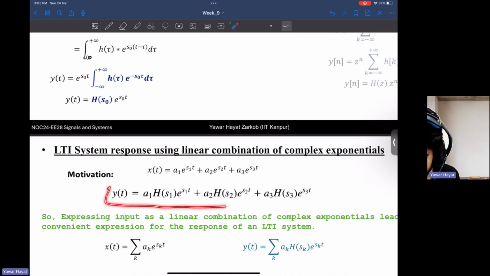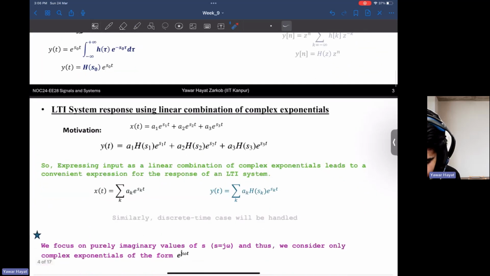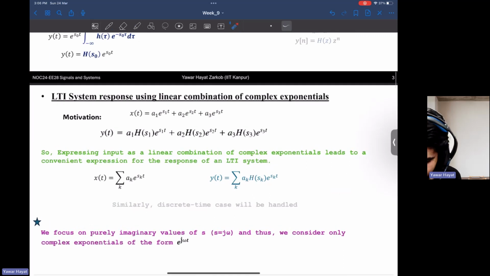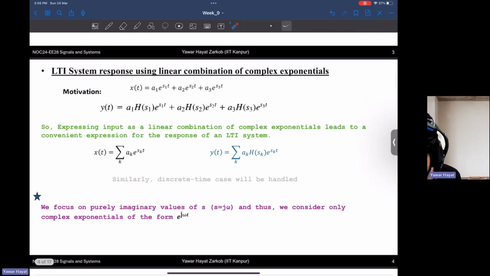The output would be simply the addition of these three, where a1 H of s1 e to the power s1 t was the output corresponding to the first term, a2 H of s2 e to the power s2 t was the output corresponding to the second term, and similarly for the third term. So expressing the input as a linear combination of complex exponentials leads to a very convenient expression for the response of an LTI system. Okay.